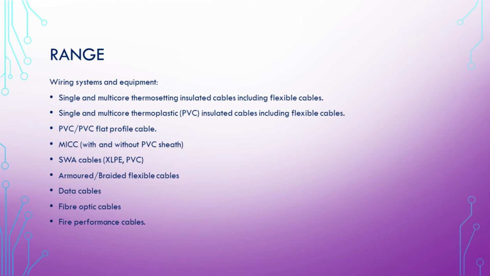So for those cables you need to understand what the methods are and how you should safely use them and select them for the environment that you're going to be using them in.